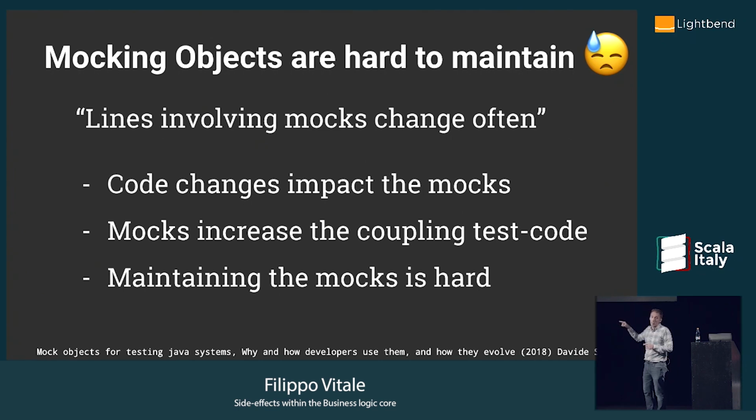The same research found out that the mocking objects between commits are changing often, because even if you touch code not related to the mock, just outside, you have to update the mock. And you know exactly what I'm talking about. So maintaining the mocks is hard. Well, thank you. They found this out in a paper, but I'm telling you, I already realized that. And yes, mocks increase the coupling between test and code, as we saw just earlier with our example. I think we could agree on that.